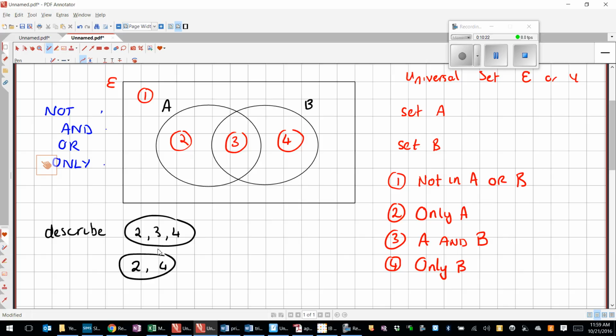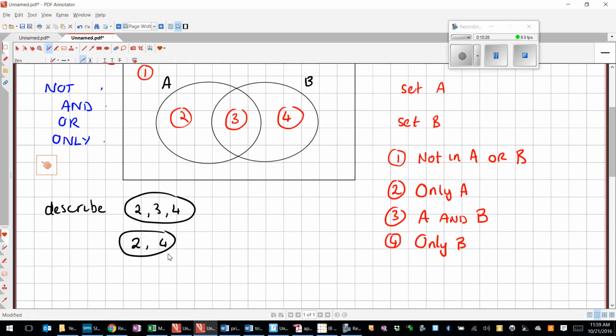Okay. If I said, now this is where we start getting a little bit more complex, especially when we get to the notation. If I said to you, for instance, describe 1 and 2 together. So if I were to say to you, well, if I'm allowed regions 1 and 2, what does that mean I'm allowed to do?